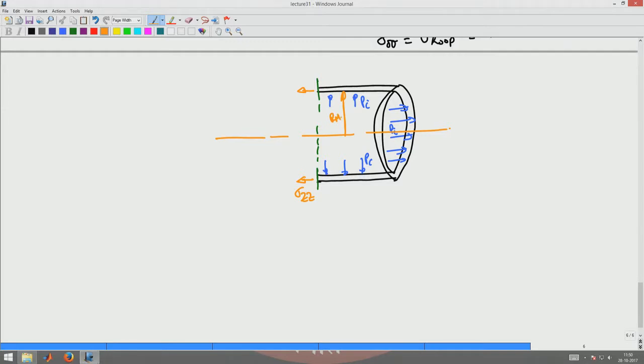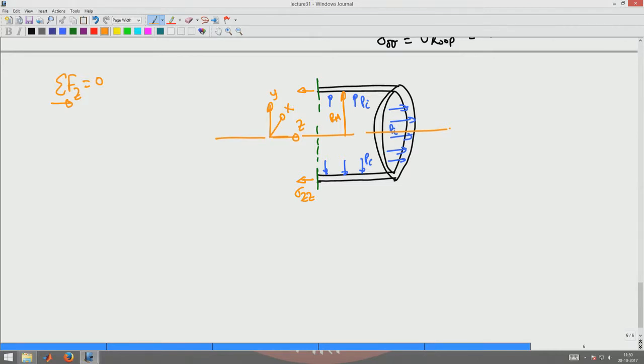Okay. So, now what happens? I am going to write the equilibrium equation along Fz equal to 0, taking this as the positive direction. If you recollect, our orientation of the axes was, the axis of the cylinder was z, the vertical axis was y, and this axis was x. Okay.